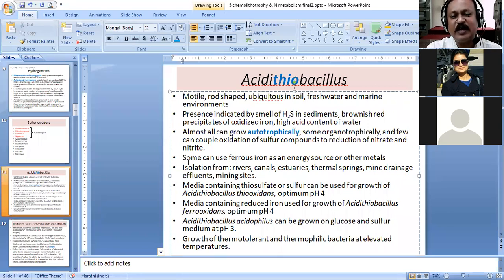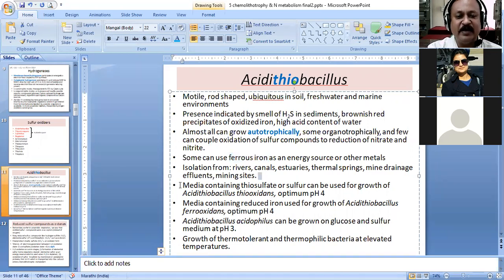Then many organisms can also oxidize ferrous ion. In addition to sulfur compounds, they can also oxidize iron compounds, and ferrous ion is the most important such compound which can generate electrons for these organisms as the energy source, right?